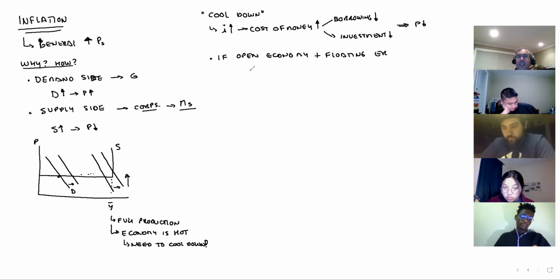So what happens if imports increase? Basically this implies that supply increases, correct? And if supply increases, what happens? Well, in this case, price decreases.